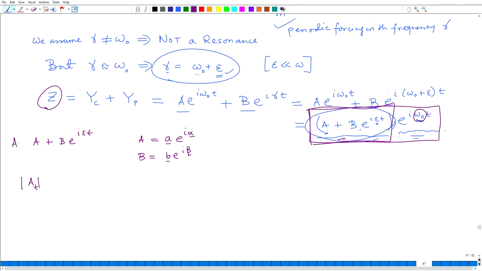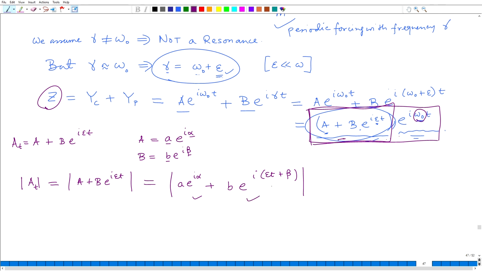I can call that A total, which is A plus B e to the power i epsilon t, which you can write like this: A e to the power i alpha plus B e to the power i (epsilon t plus beta). So, the mod of these two terms.